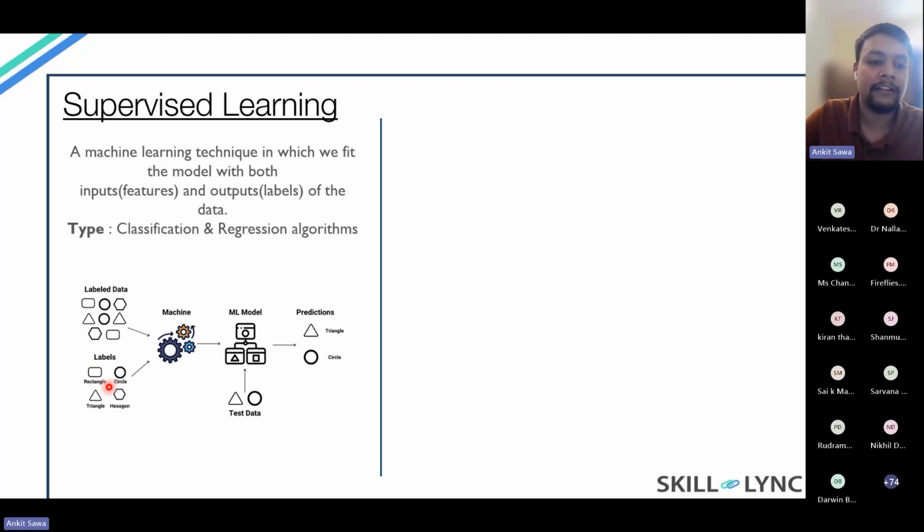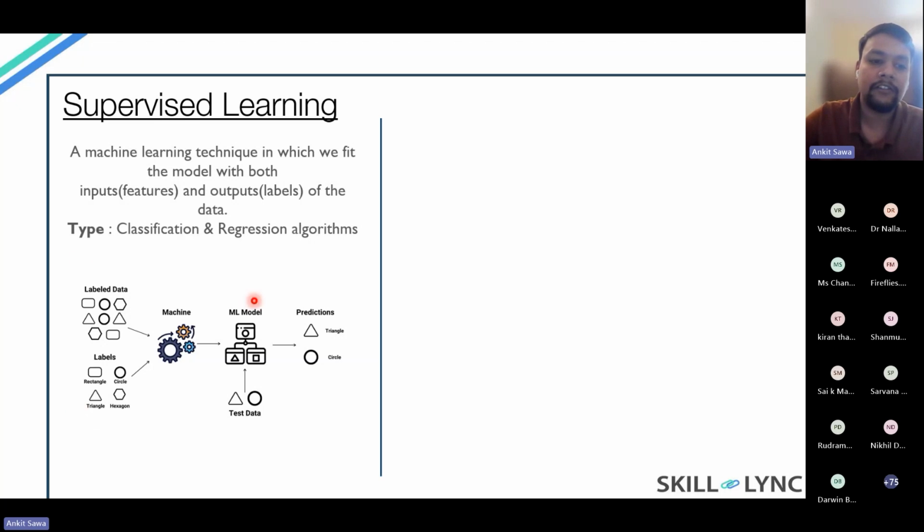Some are rectangles, some are circles, some are triangles, some are hexagons. So this entire data set is labeled data where you have all the shapes and you know which shapes are what. So this becomes your basis of training the machine learning algorithm, where you tell it, okay, these are the shapes as identified by these particular labels.